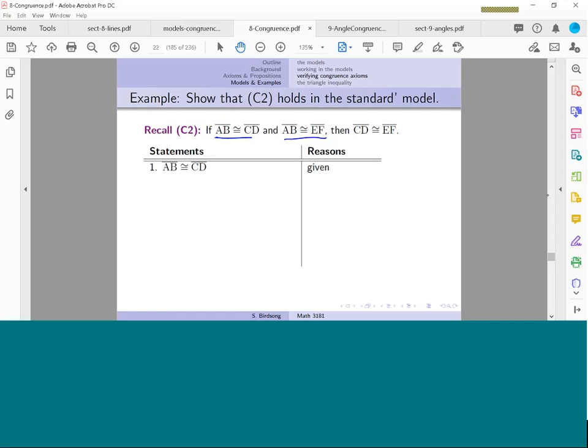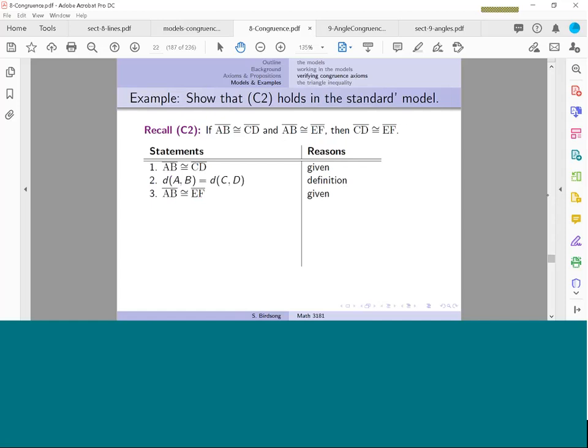So remember our definition of two line segments being congruent to each other in the model. That means we will automatically get that the distance from A to B and the distance from C to D are the same, or the lengths of the two line segments are the same. That's just the definition of how congruence for line segments is defined in our model.